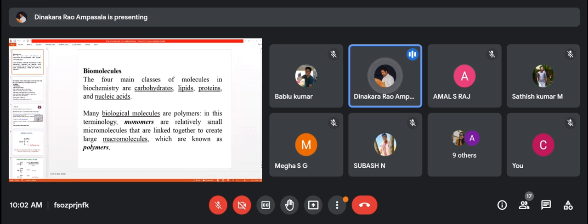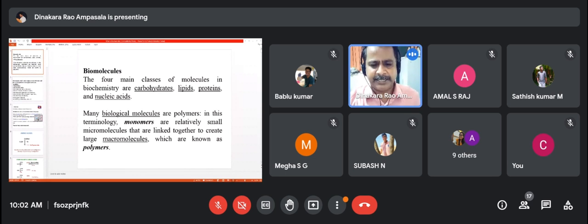If more than that, we can call it a polymer or macromolecule. You can see the amino acid structure. We have different amino acids; basically, you can see the naturally occurring 20 amino acids in this biological system.